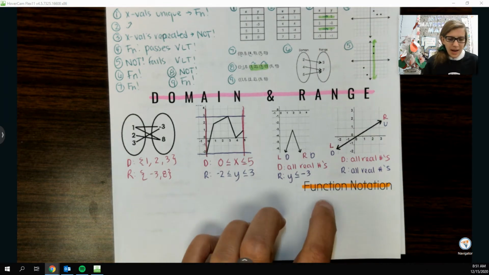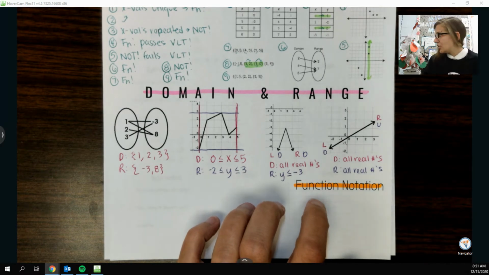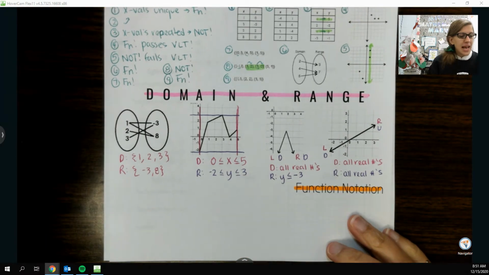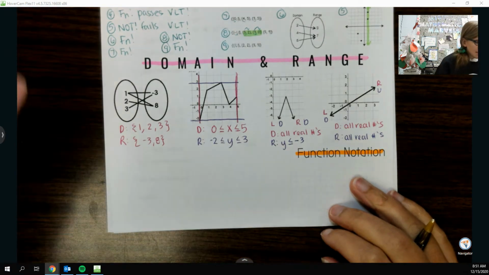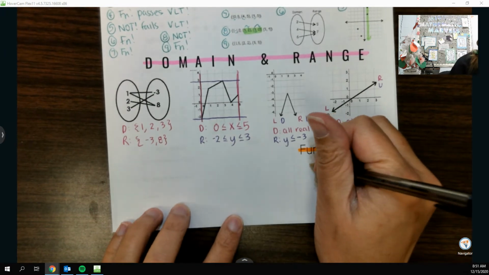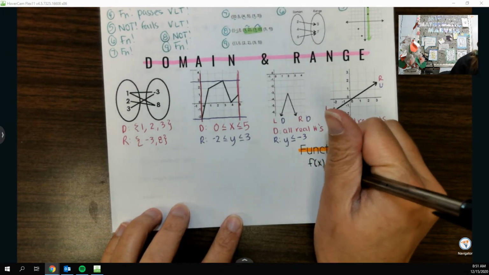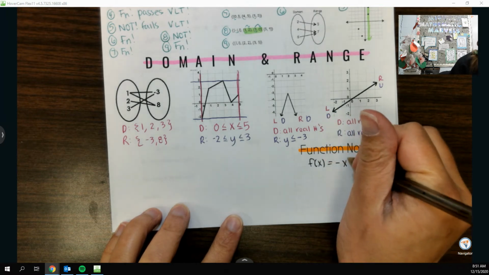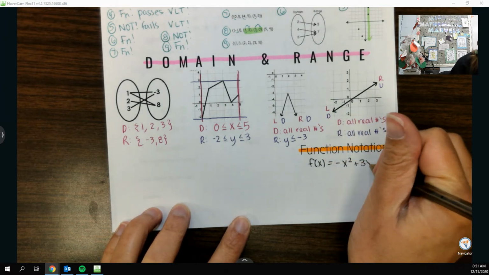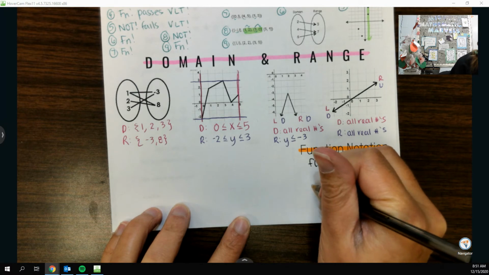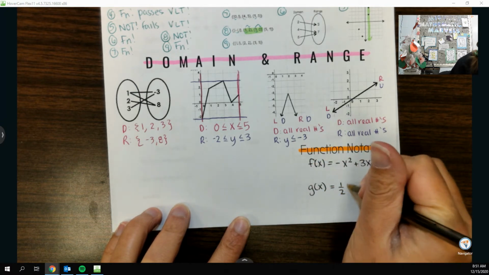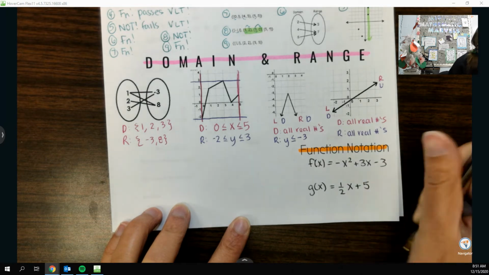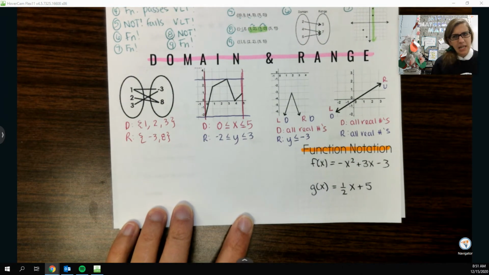When we talked about function notation, that's where I maybe gave you a graph, but oftentimes I gave you a function. So like f of x equals -x squared plus 3x minus 3, or g of x equals half x plus 5. And I asked you to plug some things in.